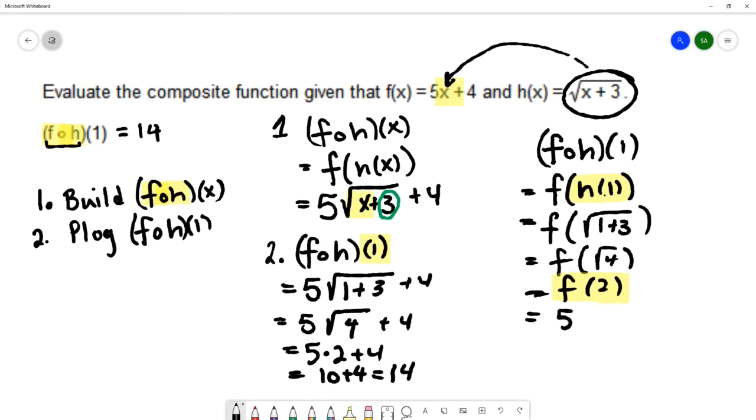That's 5 times 2 plus 4. That's 10 plus 4, which is 14. So we were able to work out f composed with h of 1 to be 14. So now you've seen two different ways that you can work out this evaluation of a composite or composition of functions.